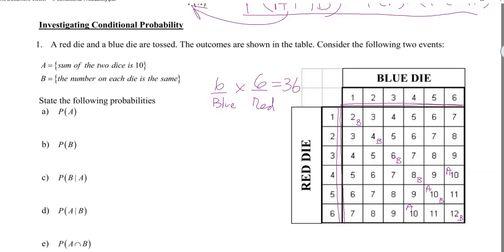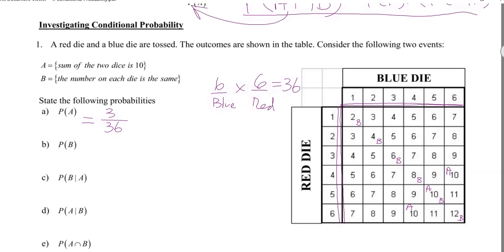The probability of event A is 3 out of 36. I'm just going to leave it as its raw probability, just the actual count. There are 3 ways of getting a 10. You can get a 4 on the blue and 6 on the red. You can get a 5 on the blue, 5 on the red. You can get 6 on the blue, a 4 on the red. That's 3 out of 36.